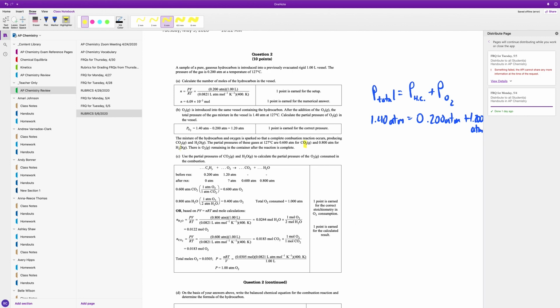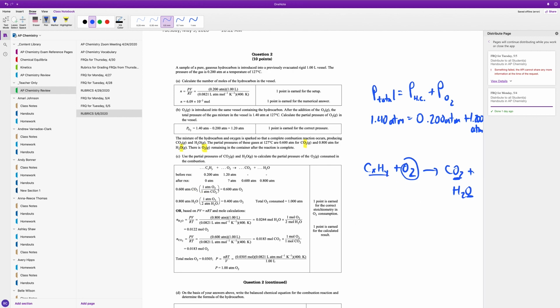If we can figure out the total number of moles of oxygen atoms that end up in those products, we can determine how much oxygen reacted away, because the oxygen in the carbon dioxide and the oxygen in the water came from the diatomic oxygen in the first place. So you've got this reaction between the hydrocarbon and oxygen, and the oxygen that gets used up, it's not the limiting reactant, but whatever gets used up does end up in the carbon dioxide and in the water. This oxygen here and here came from here.